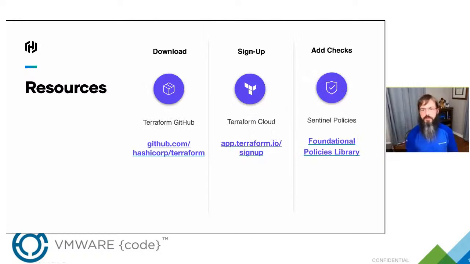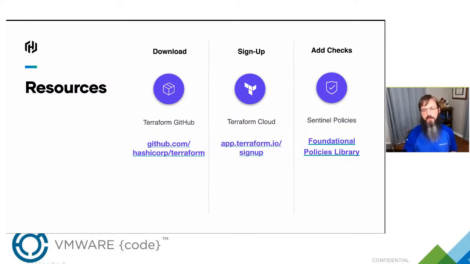So a couple things to follow up on afterwards. Check out the Terraform GitHub repository. There is the release candidate 1 version of Terraform 0.13 that's available for download to start making use of some of those new functionalities and stability improvements. Check out Terraform Cloud, extremely easy to get started with, a great location to store your remote state, as well as being able to do some of those remote operations without having to tie up your local machine.